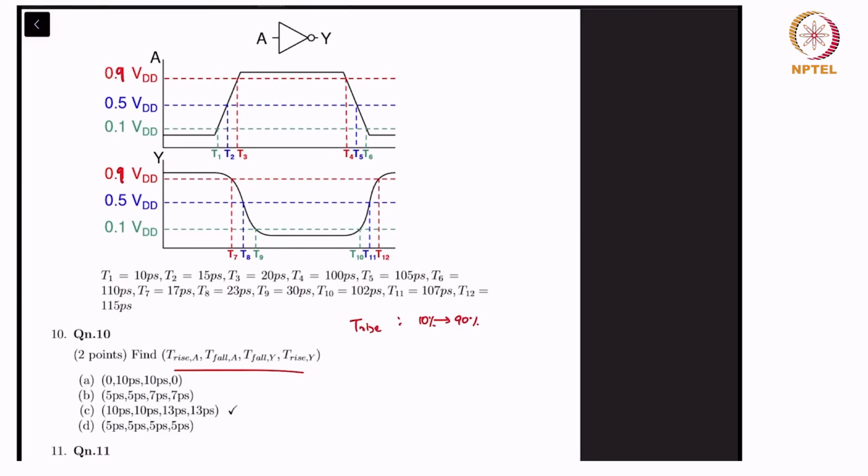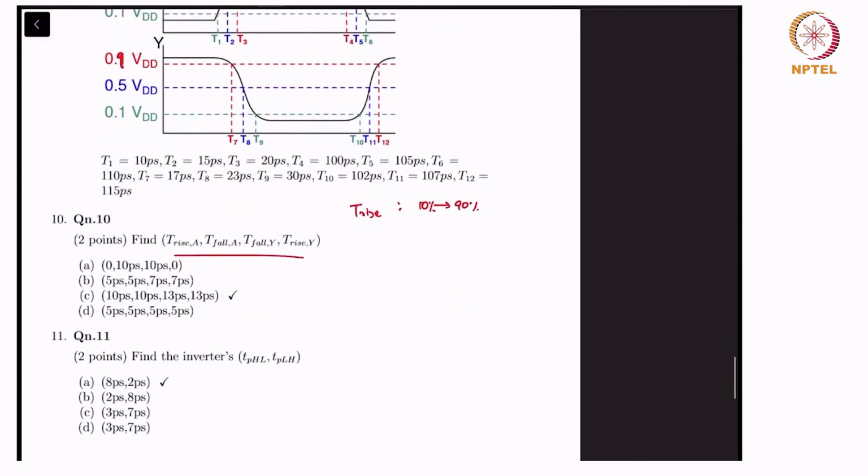So it should be 10% to 90%, and T fall is of course the 90% to 10% time, and in this case TPHL and TPLH are to be found. So if you were to find the T rise and T fall for the various signals, you would find this as the answer.